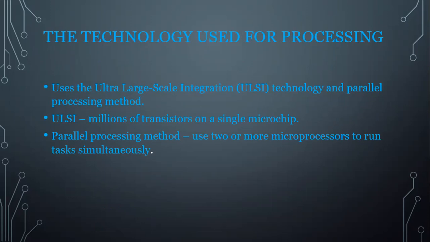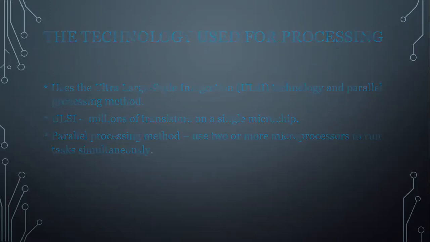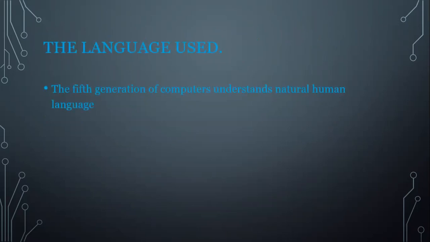This basically makes the computer work faster. This generation understands natural human language. This is like Siri on your cell phones. You could just say, hey Siri, play music, and she would execute the task.